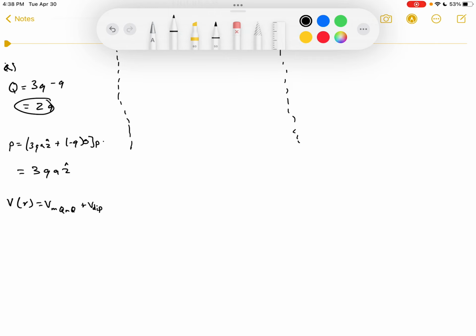So that's just 1 over 4 pi epsilon naught q over r plus 1 over 4 pi epsilon naught p dot r hat over r squared, which is just equal to 1 over 4 pi epsilon naught 2q over r plus 3qa cosine theta all over r squared.